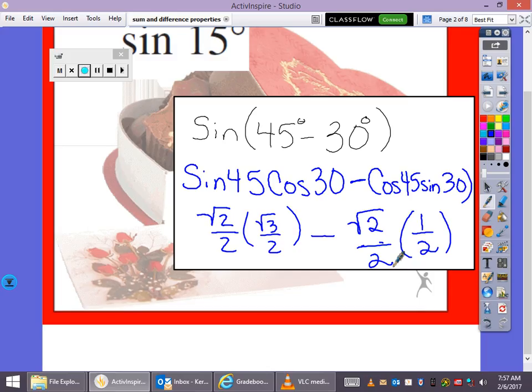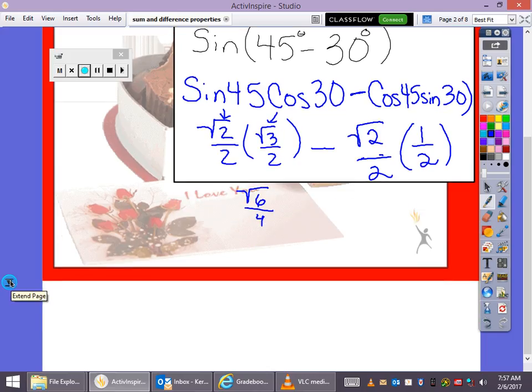So this is sine 45, this is cosine of 30, and I'm going to multiply them together, which gives me the square root of 6 over 4. Square root of 6 over 4 minus the square root of 2 over 4.